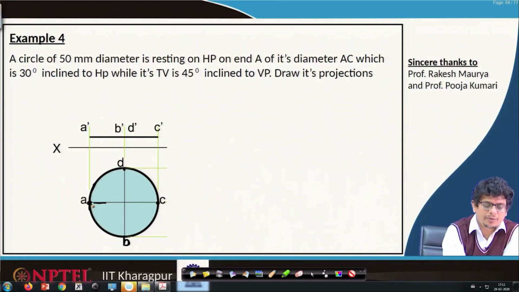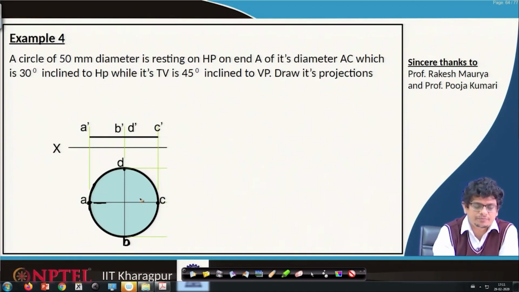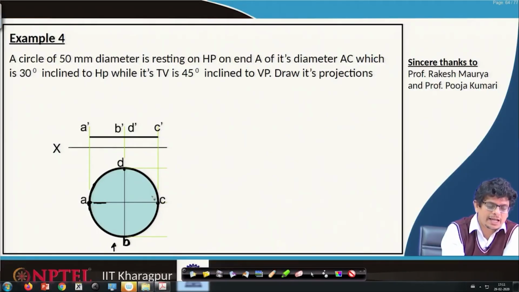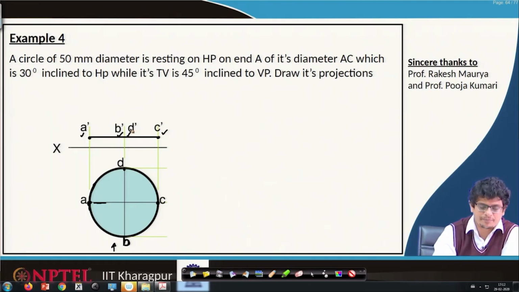That is the reason we made this AC in this way. This is the top view, complete circle visible. Now, in the front view, if you are looking from this side, only this AC portion we will be in a position to see, where B, D are mapped. So, those points are A prime, C prime and the rest of them B prime and D prime.